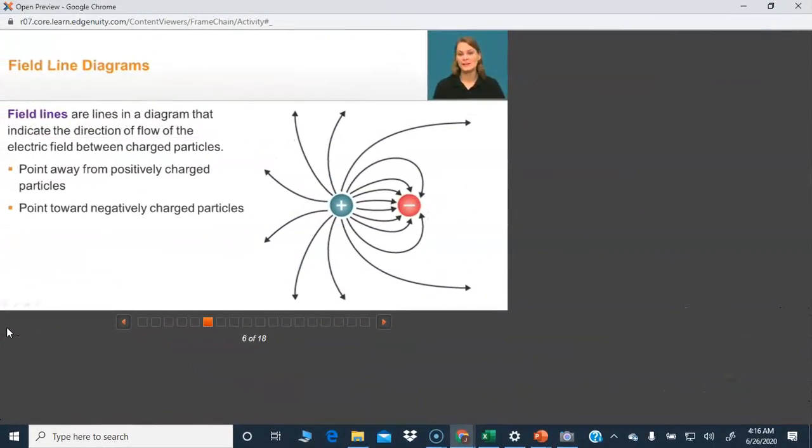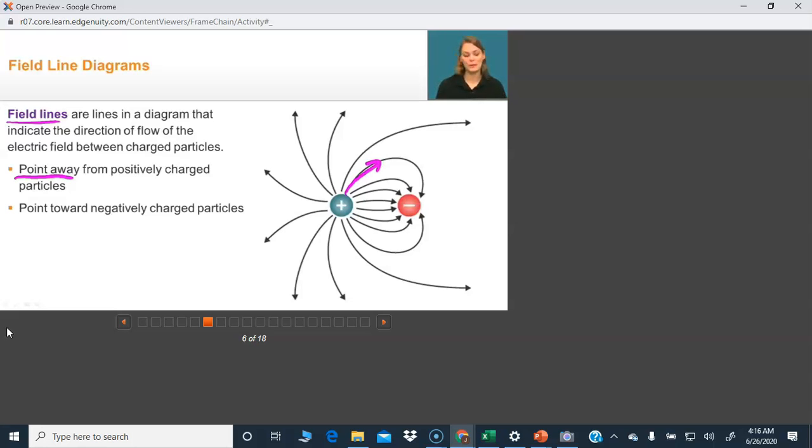Every charged particle can be modeled as a sphere that exerts an invisible force field in all directions. To help us understand what we can't see, we use field lines to create diagrams of the invisible forces. When drawing a field diagram, there are certain rules to follow. Field lines always point away from or come out of the positively charged particles.